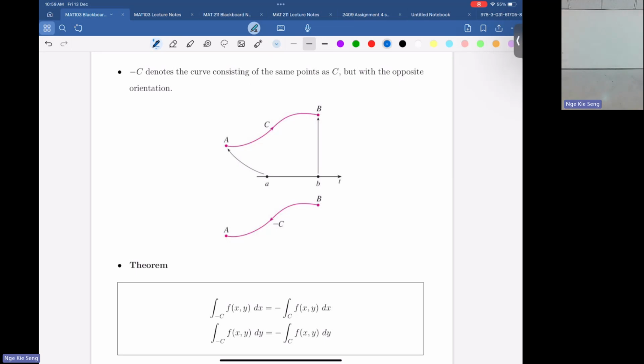But I think the question that we did just now was symmetric in x, so it doesn't matter. In general, it matters. Because in the question just now we have x squared inside there, so it's symmetric. In general, if you change the orientation, you get a negative sign. It is a negative of the original orientation.